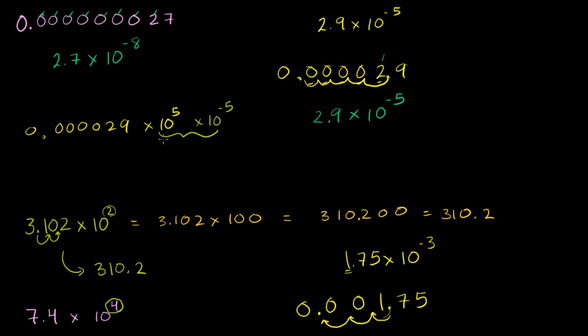This right here is just multiplying something by 1. 10 to the fifth times 10 to the negative 5 is 1. So this part right here is essentially going to move the decimal 5 to the right. 1, 2, 3, 4, 5. So this will be 2.9. And then we're going to be left with times 10 to the negative 5. Anyway, hopefully you found that scientific notation drill useful.